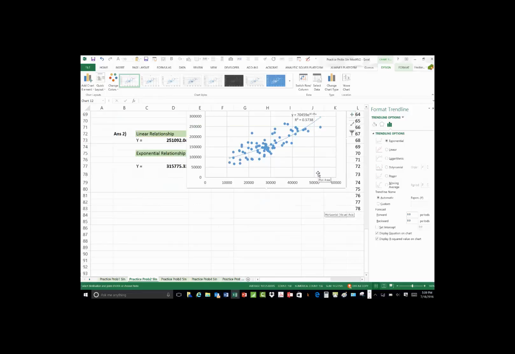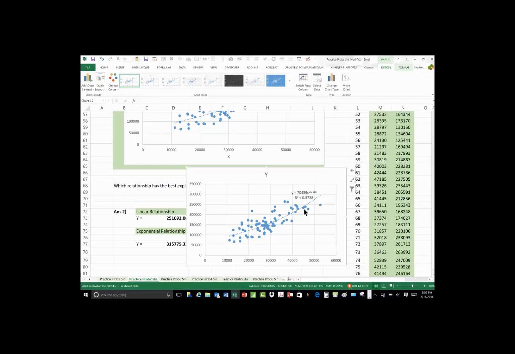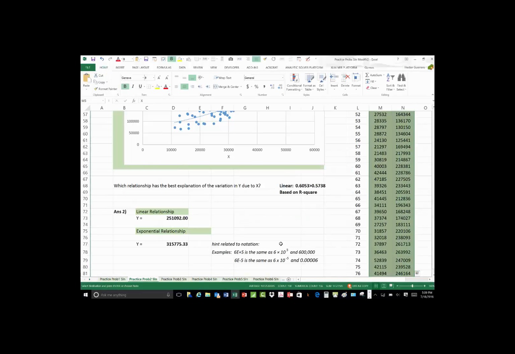We'll see how we do those calculations in our graph in just a second. Let me get rid of this. So let's take this out. We now have the relationships.